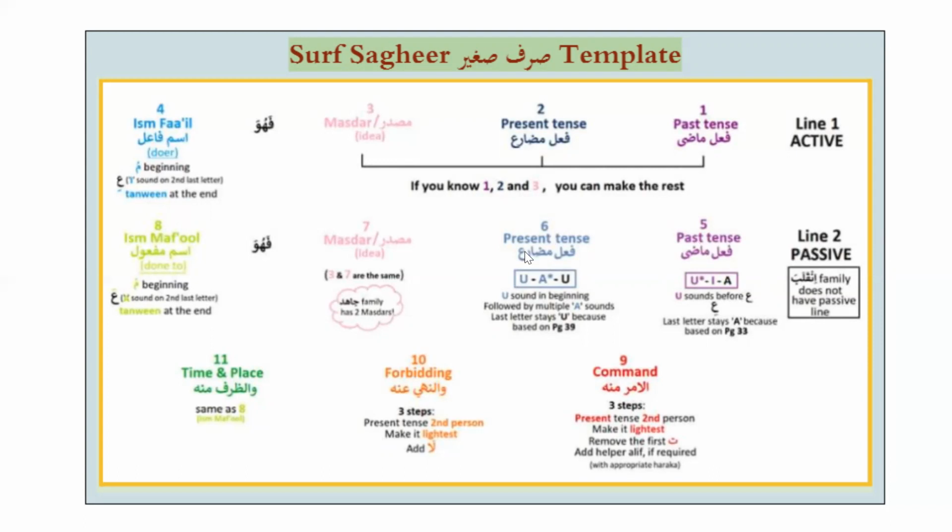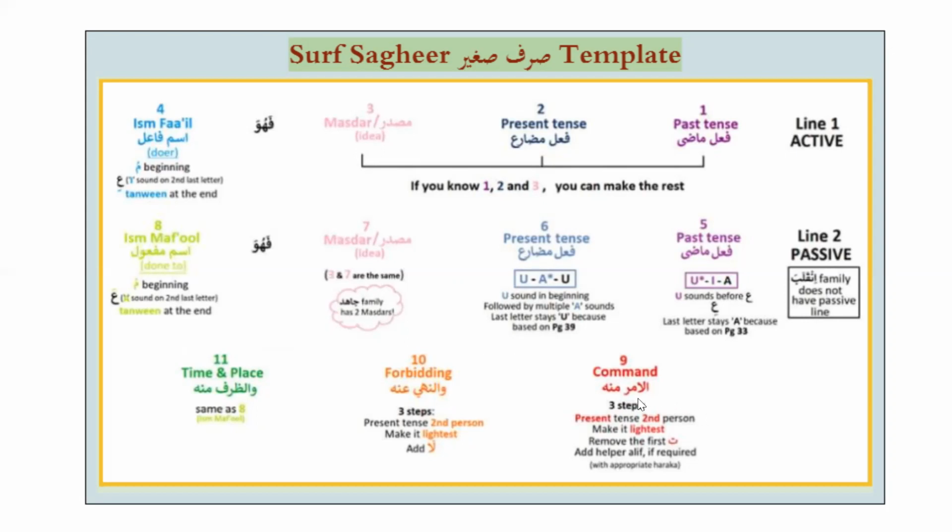Majhul because it's passive. The second line is for passives. The masdar remains the same because masdar is just the idea name. So the same masdar is repeated in the second line, and then ism maf'ul, because ism maf'ul is an ism on which the fi'l is done. That's why it's ism maf'ul.